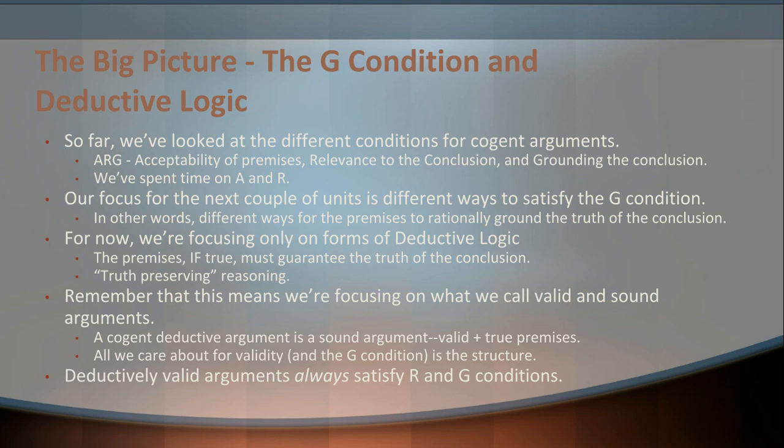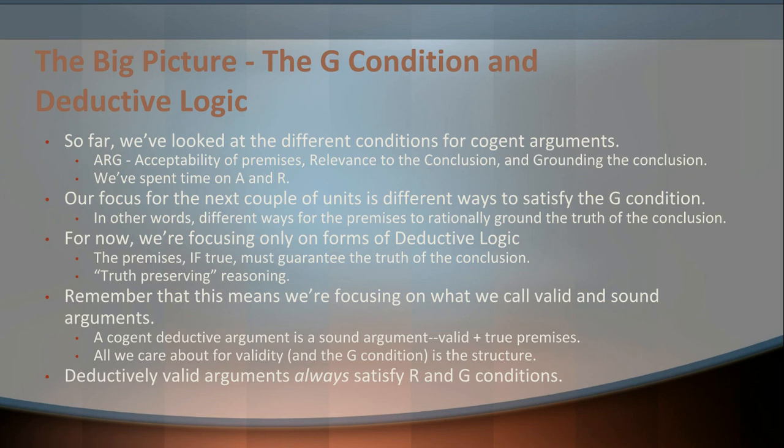So our job is to start looking at some of the different ways that arguments can satisfy that G condition. In other words, we're looking at different ways that the premises can rationally ground the truth of the conclusion. If we look at the premises on their own, how well does that evidence ground a rational acceptance of the conclusion?